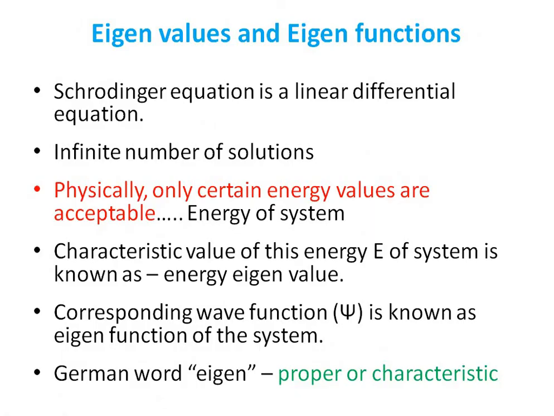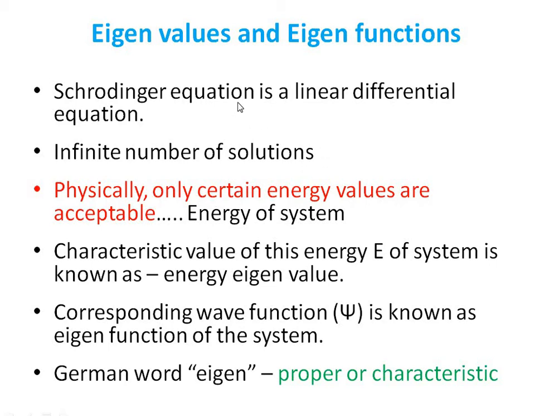Now let's discuss eigenvalues and eigenfunctions. Since the Schrodinger equation is a linear differential equation, and del square is a differential operator, the Schrodinger equation will be a linear differential equation. According to mathematical principles, a linear differential equation should have an infinite number of solutions.